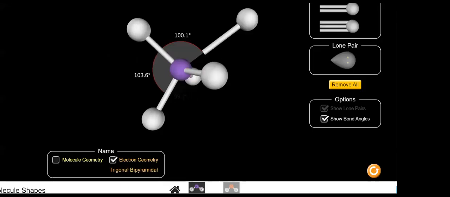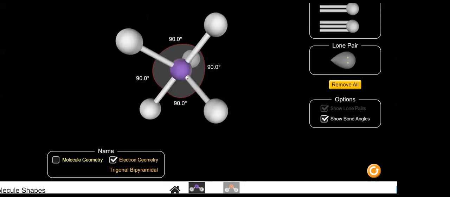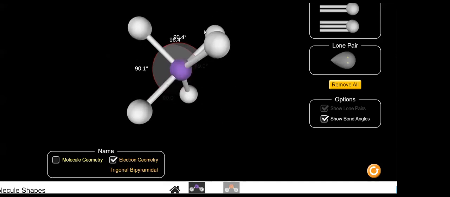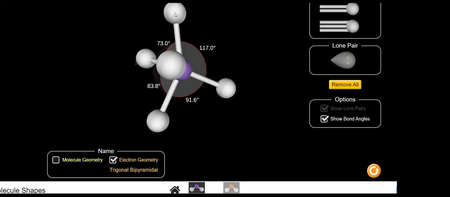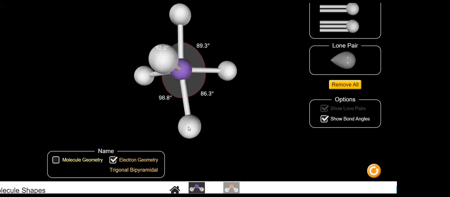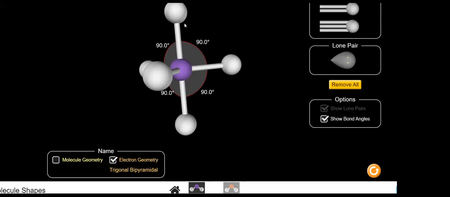So when we have 5 things in there, let me try to arrange this so it looks like our drawing. The ones that are opposite of each other, they're 180 degrees apart from each other. Do you guys see that?